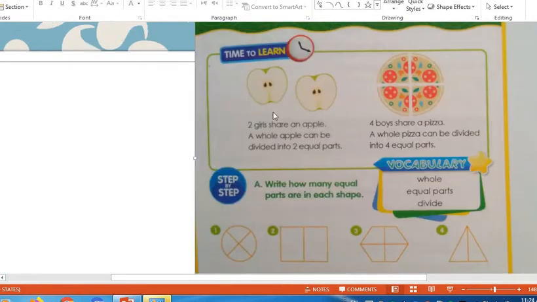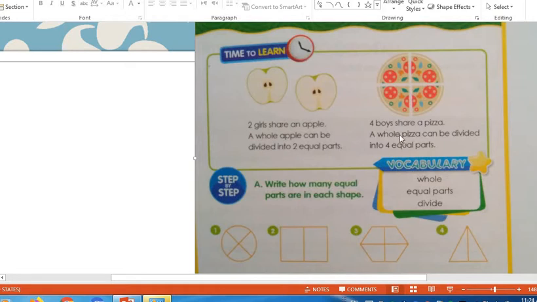Okay, in this example, do you know that in order to have two girls share this apple, it must be divided into two equal parts. Two girls share an apple. A whole apple can be divided into what? Two equal parts.